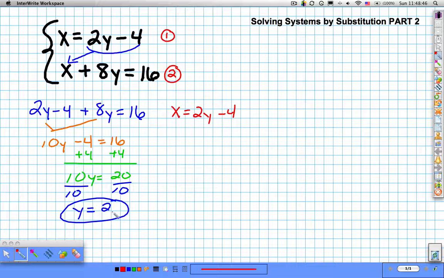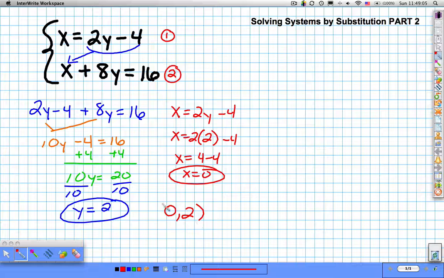So I'm going to put y equal to 2 right here. Notice I use parentheses because I do have a multiplication problem here. So x equals, this is 4 minus 4, x equals 0. So according to this, my answer is (0, 2).